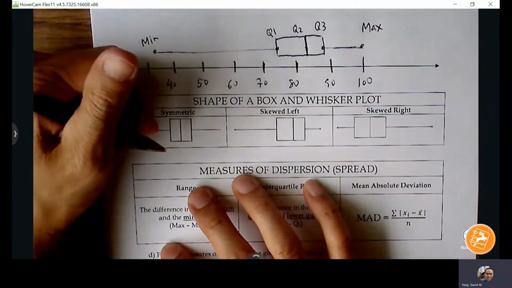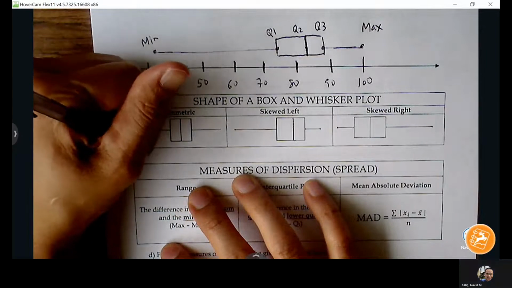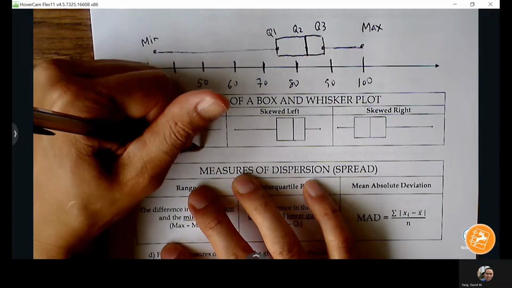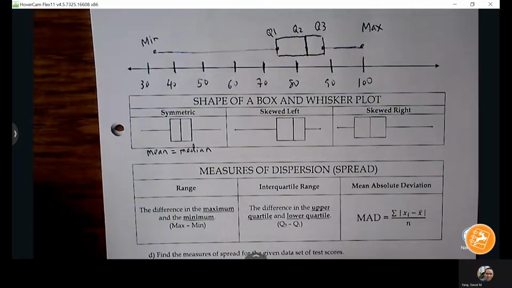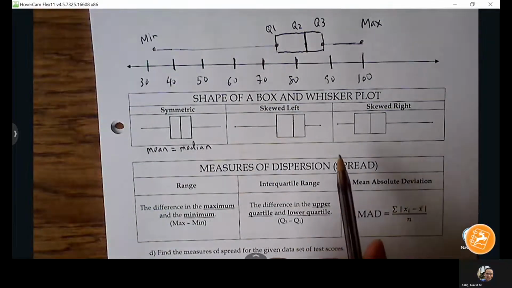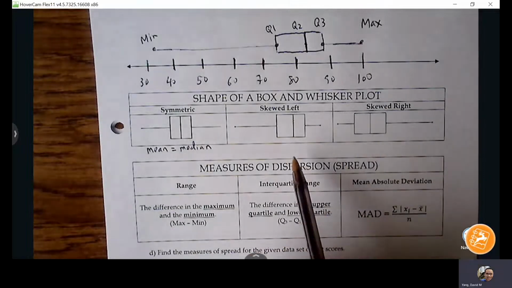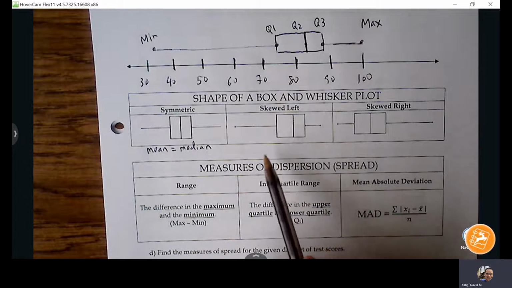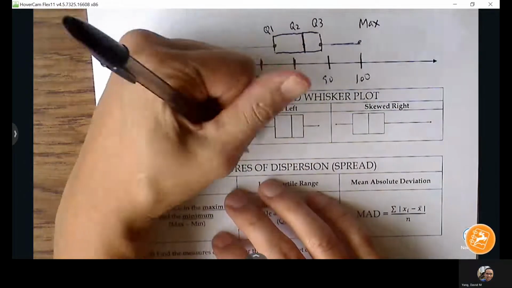So your mean is equal to your median. Here, skewed left is where your mean is less than your median.